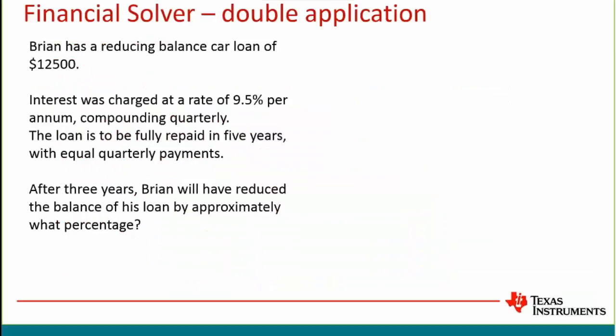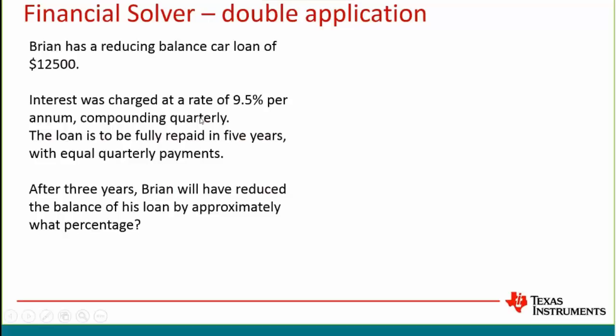And here's a problem. There's a fellow called Brian, and let's say he has a car loan of $12,500, interest charged at a particular rate per annum, quarterly compound, and the terms are he's got to pay this out in 5 years. So that's all good.